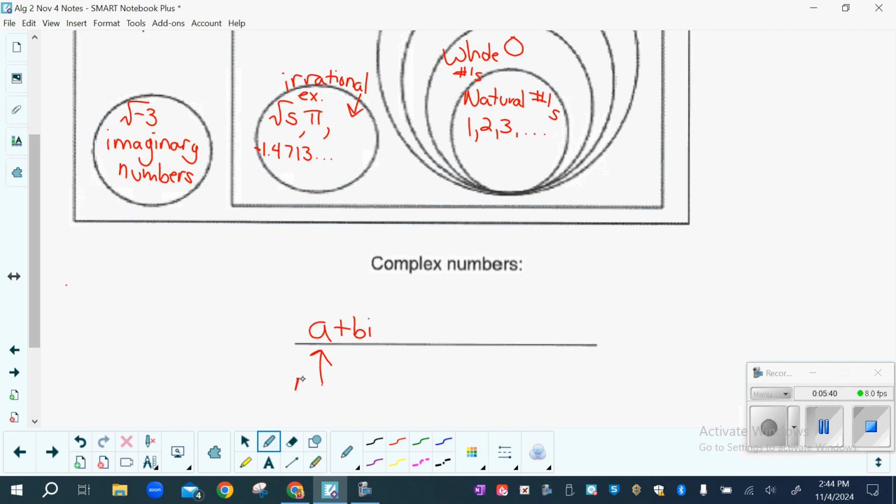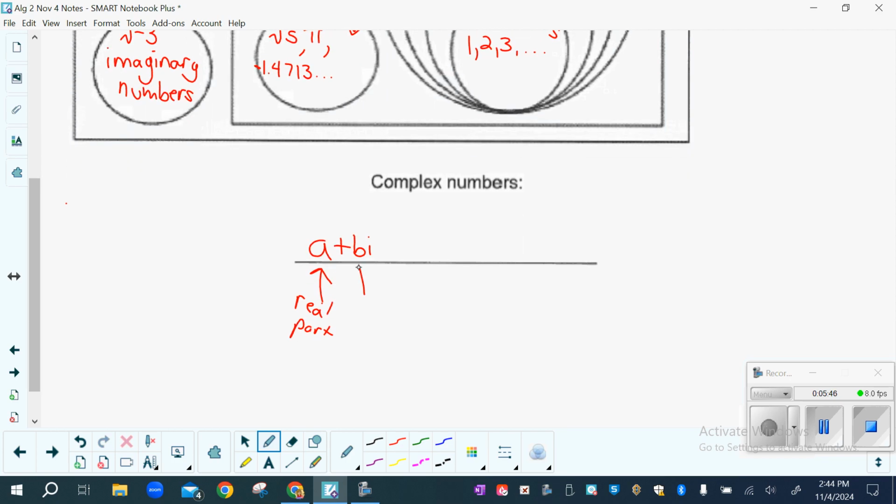So a is the real part, and b is the imaginary part. A plus bi, where we have the number and then the number in front of the i, is standard form.